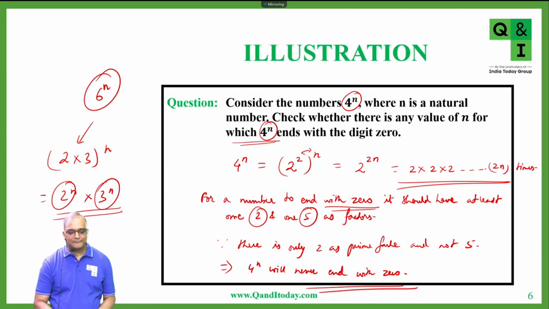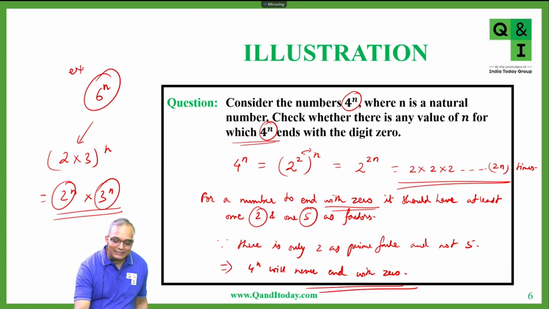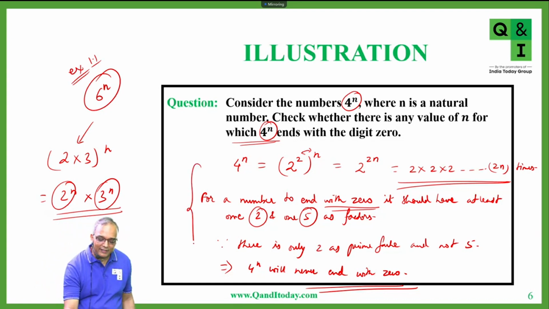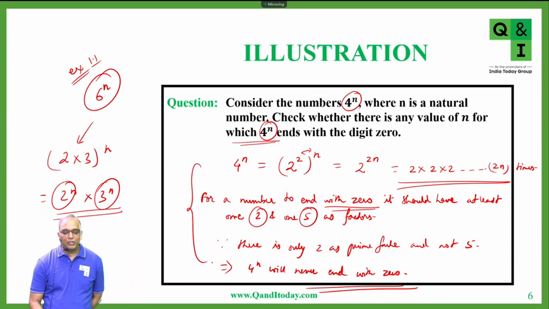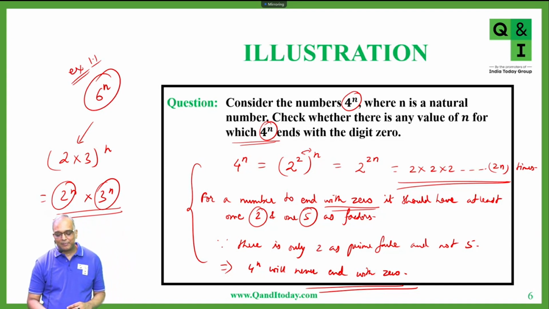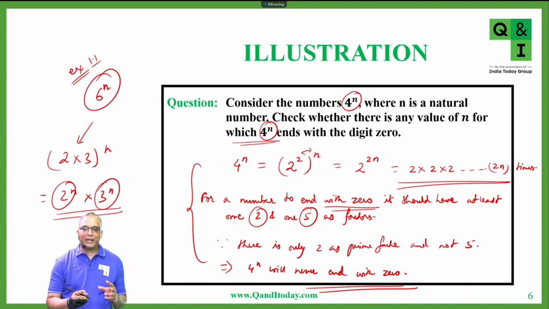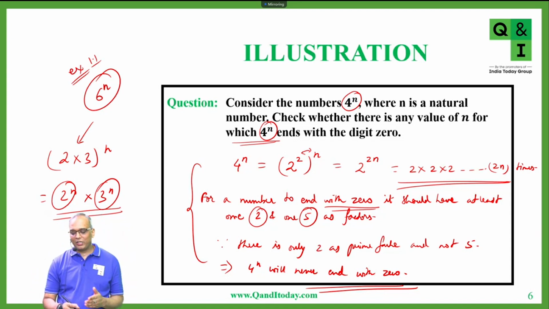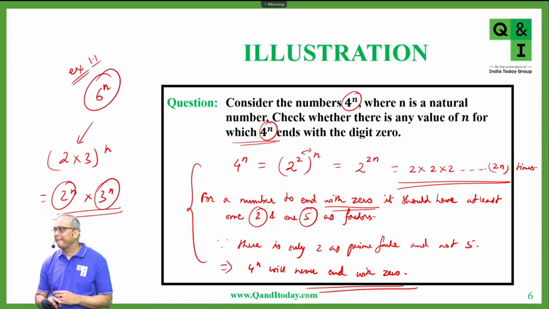Okay, students? So this question is there in exercise 1.1. Right? So this will be similarly solved. Whatever I have written here, you will write the same thing. You will only say that since there is only 2 and 3 as prime factor, and there is no prime factor of 5 here, that's why 6 to the power n will not end with 0. Okay.